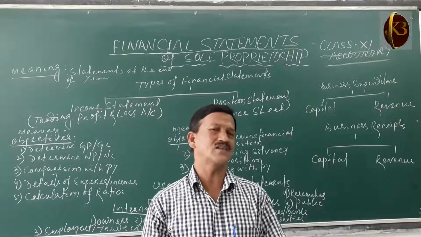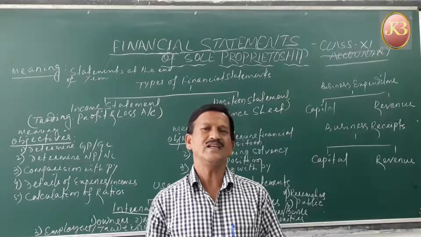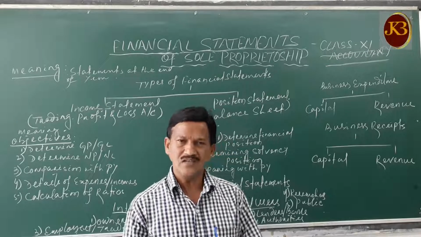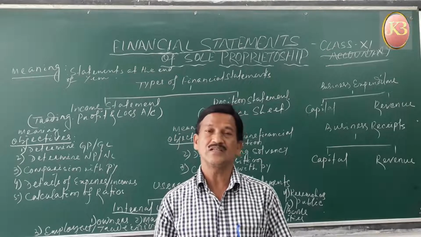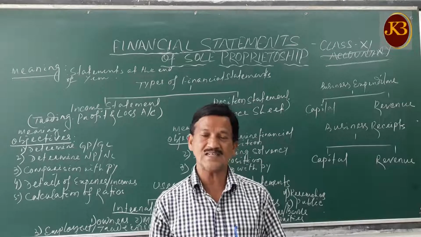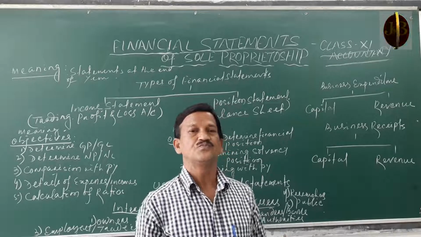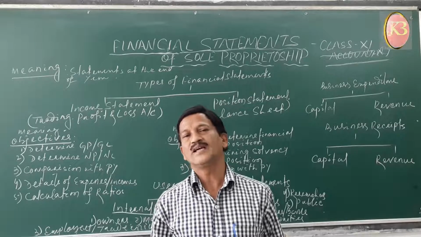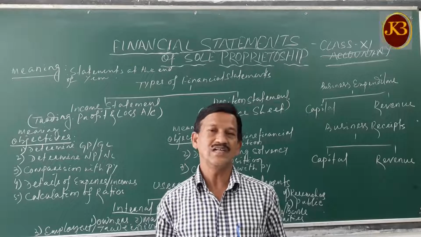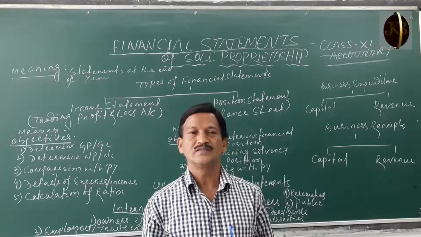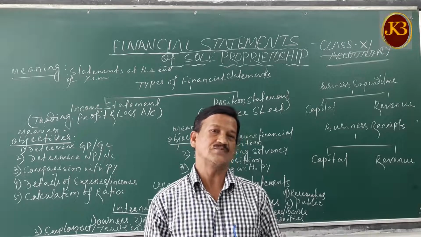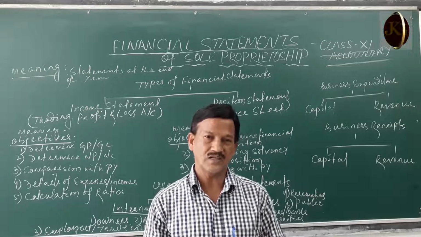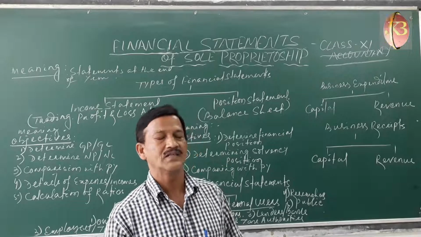As per the practice of accountancy, we begin with the journal, that means recording of transactions in the books of original entry. From the journal, we post to the ledger account, that is the secondary books of entry, the classification of accounting records.